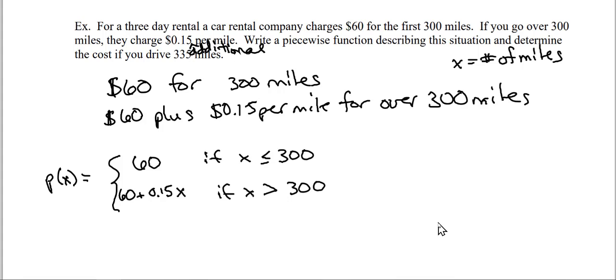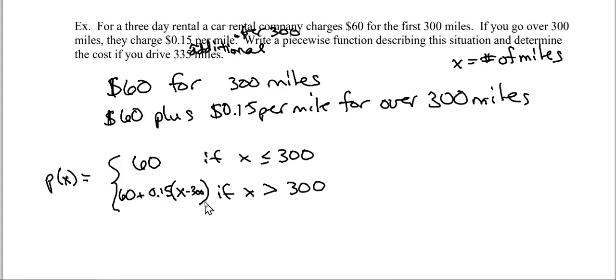Not quite, because that would charge you 15 cents per mile over 300 is what I really meant. So we're going to have to do X minus 300 there because you only want the 15 cents for the miles over 300. Okay?